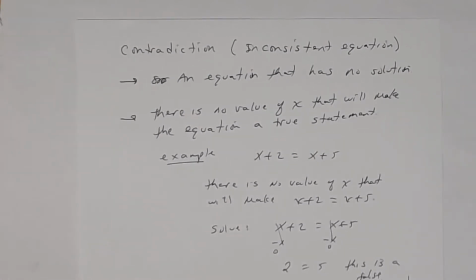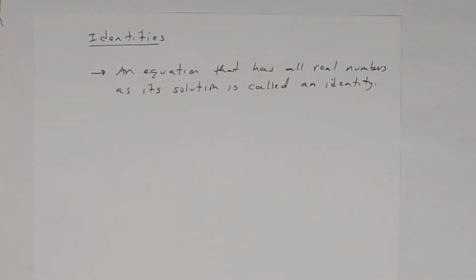Okay. Now the next thing we're going to look at is the identity. What do we mean by an identity? An identity is an equation that has all real numbers as its solution.